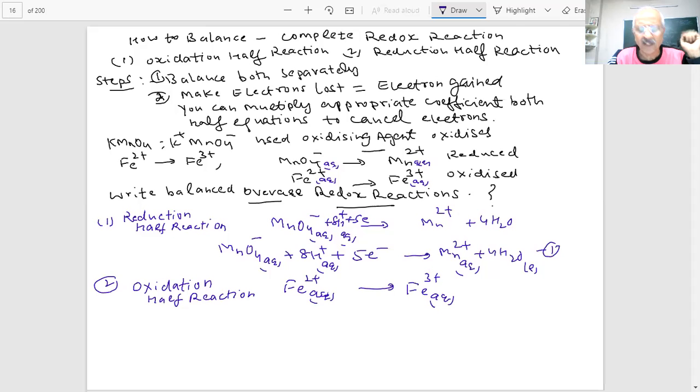Charges, how will you balance the charges? What is the problem? This is 2 plus, this is 3 plus. You have to add electron. How many electrons to be added and where, students?